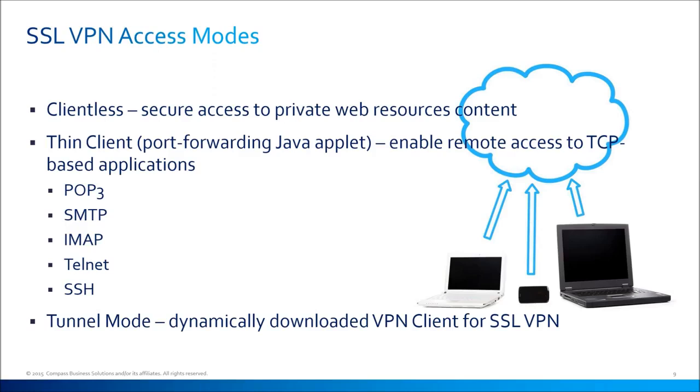Another email protocol is SMTP. We also have IMAP, Telnet, and Secure Shell, SSH. So it gives us a little more options and control over different applications to use within that network, just by having a small client installed on the computer itself.